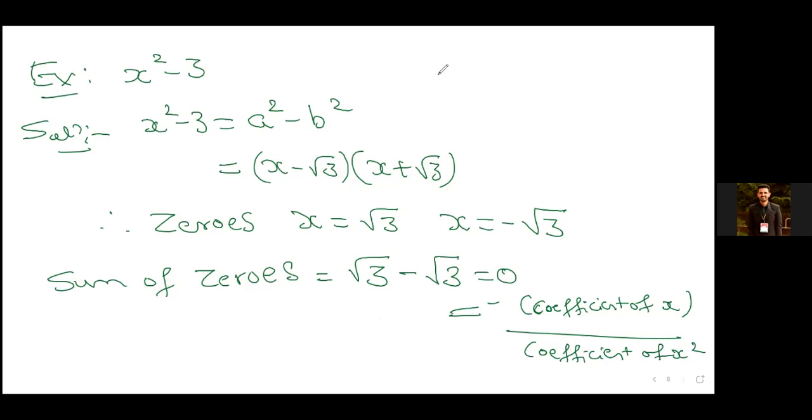You can see this is x square plus 0x minus 3. The coefficient of x is 0, so this is 0 upon coefficient of x square, that is 1. Ultimately what you get is 0.